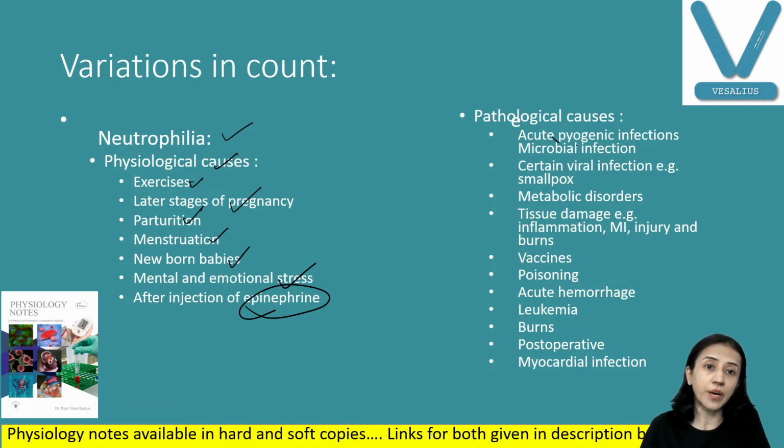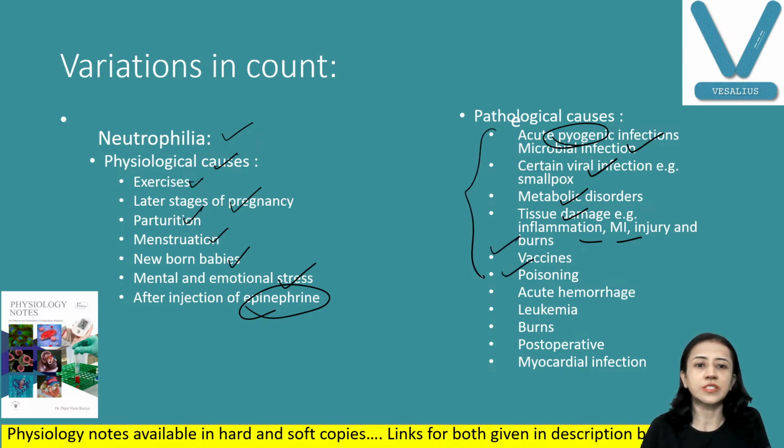Pathological conditions are pus forming infection, viral infection, certain metabolic disorders, tissue damage like inflammation, myocardial infarction, injury, vaccines, poison. These are the common conditions. Other conditions also, if you can remember, that is fine. But otherwise, pyogenic infection is one of the very important conditions in which there is neutrophilia.